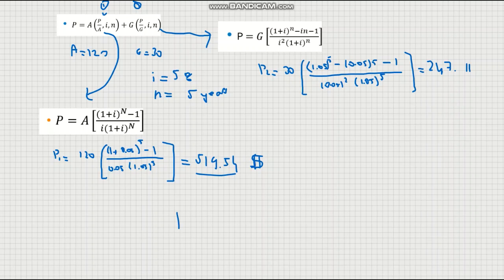So altogether, the total present value is P1 plus P2, right?